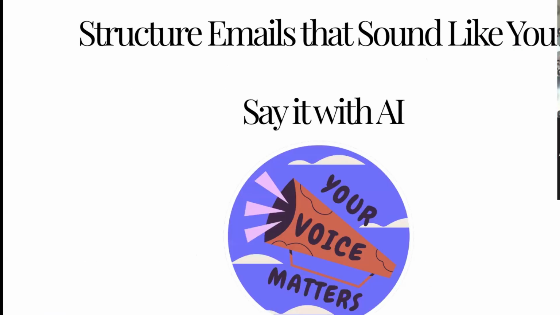So the next thing is, how do we structure emails that sound like us? And how can we say it with AI? Because sometimes people are like, I use AI, and I have a certification from Vanderbilt in AI, and I see people using it incorrectly all of the time. They just put a thing in or whatever. But it's a certain way to use it to make sure the email sounds like you.